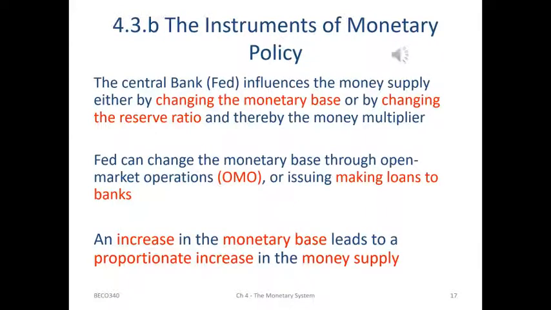The central bank influences the money supply either by changing the monetary base or by changing the reserve ratio and thereby the money multiplier. The Fed can change the monetary base through open market operations, OMO, or by making loans to banks. An increase in the monetary base leads to a proportionate increase in the money supply.